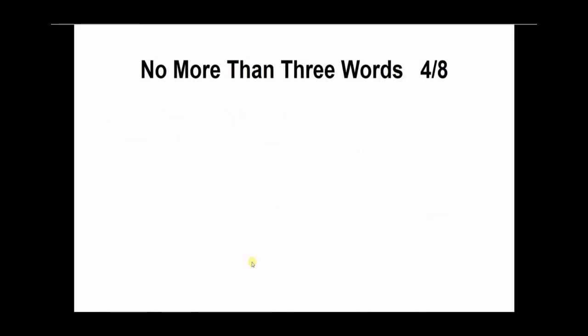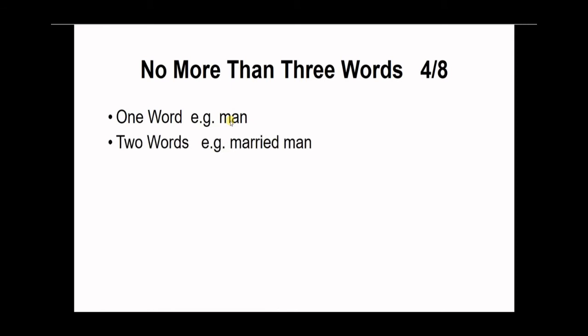Not more than 3 words. So let's look at the various possibilities or options. You can just write one word that is pertaining to the question, for example, man. You can also write 2 words, for example, married man. Finally, you can write 3 words, for example, responsible married man.